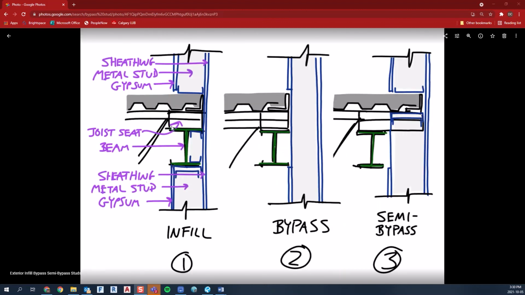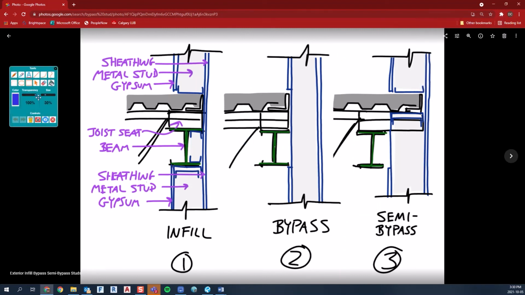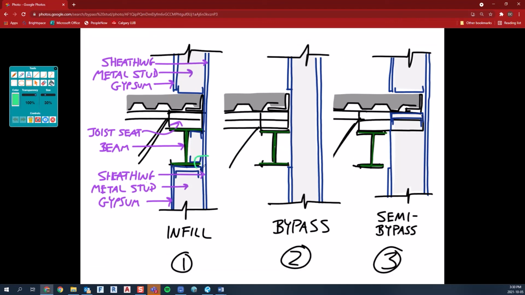So now let's move up to the second floor and see what happens here. Okay, so here's our infill system on the left. So again, we've checked that the flange isn't going to stick out past my sheathing, and everything's pulled back, so the sheathing could go nice and flush down the face of the building.